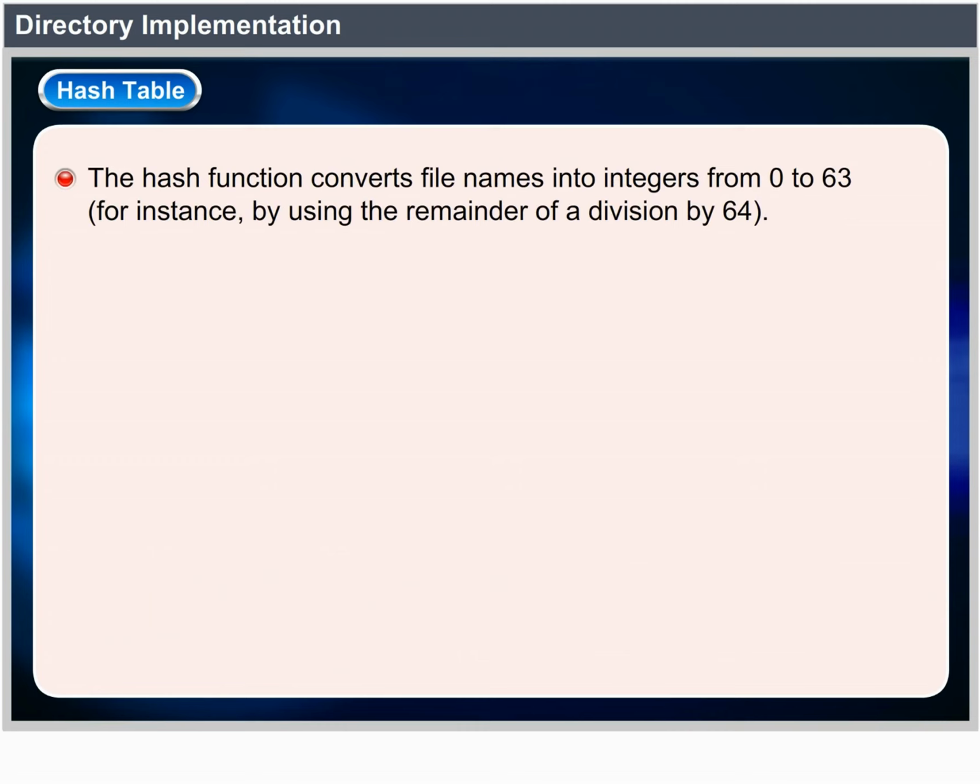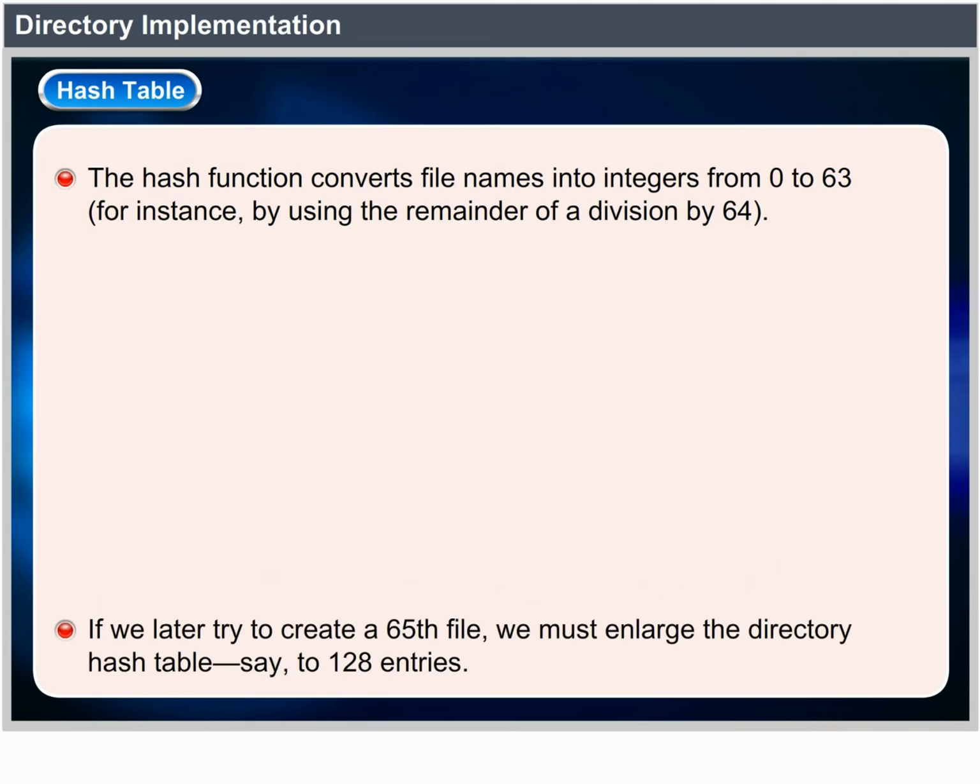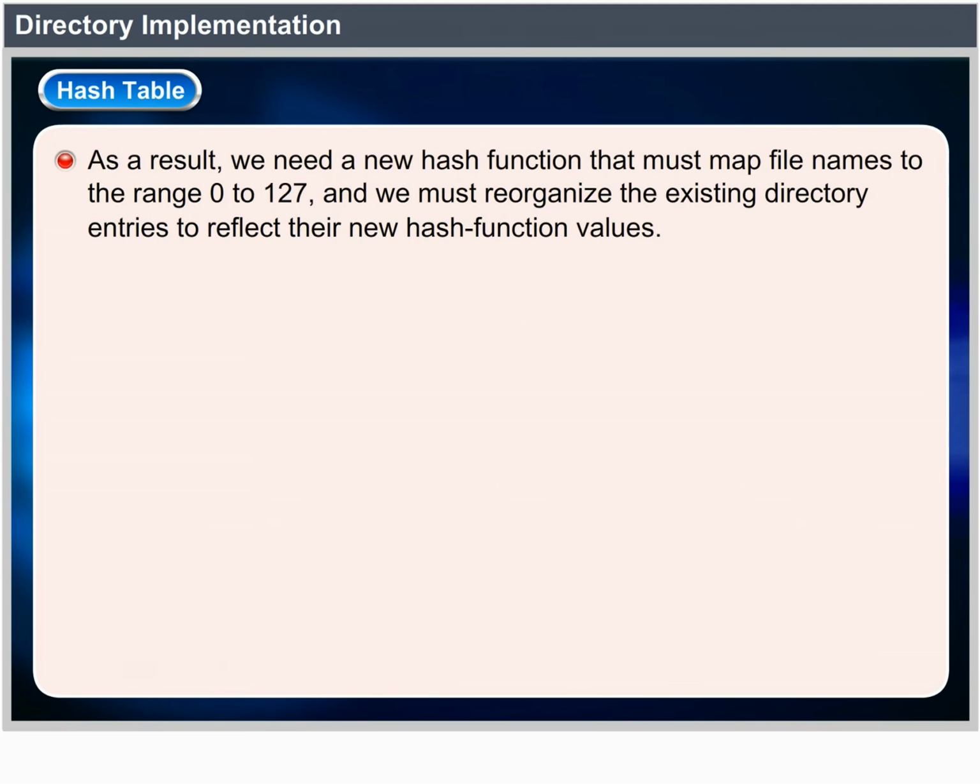If we later try to create a 65th file, we must enlarge the directory hash table, say, to 128 entries. As a result, we need a new hash function that must map file names to the range 0 to 127, and we must reorganize the existing directory entries to reflect their new hash function values.